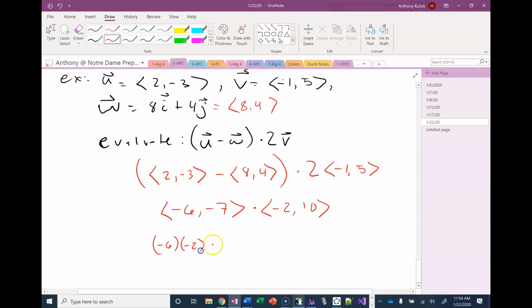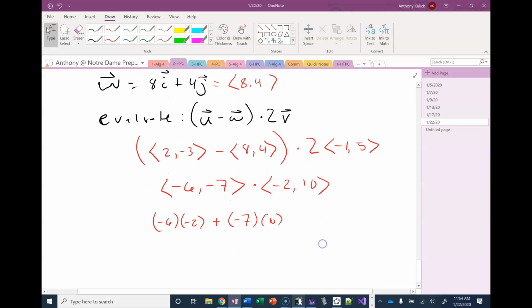So I multiply the x components together, multiply the y components together, and then add them up. So I get -58. Everybody feel okay there? So the dot product's not a difficult computation to make, right? You just multiply the components together and then add them up.